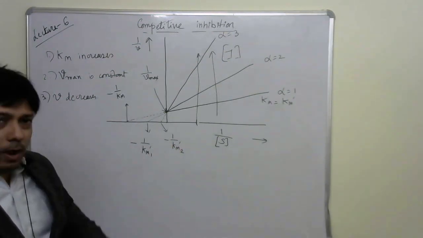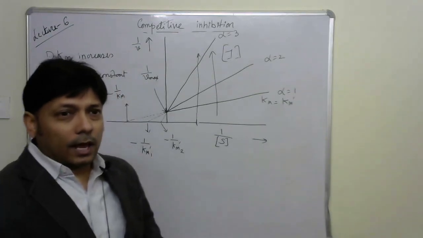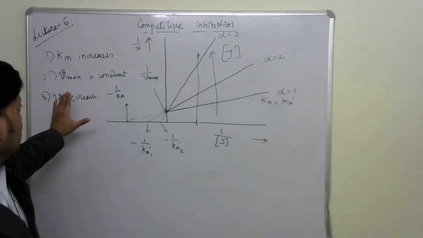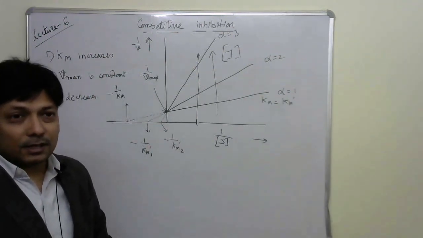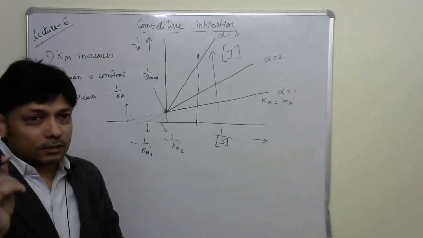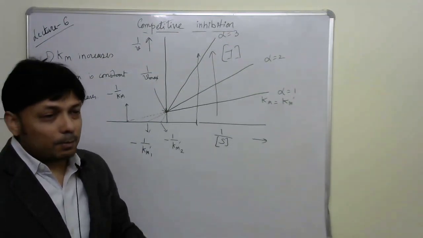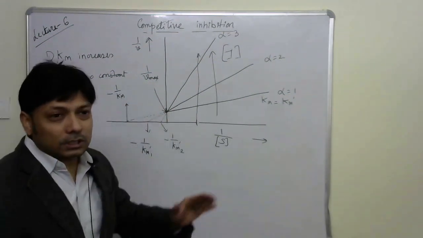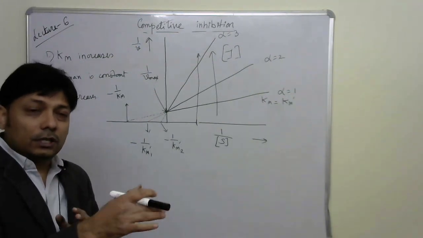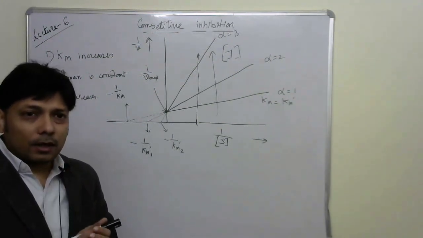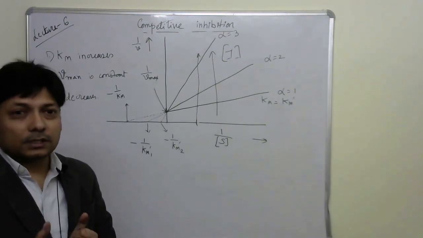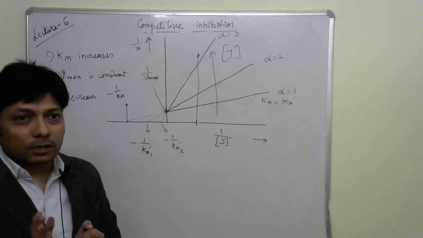Now I have a question for you: first of all, what does this physically mean? Km increases. That means we need higher and higher substrate concentration to get the saturation velocity. But here we see the maximal velocity is constant, the saturation velocity is constant. So no matter if we keep increasing the inhibitor concentration, the enzyme would still reach the maximal velocity, but with higher and higher substrate concentration.